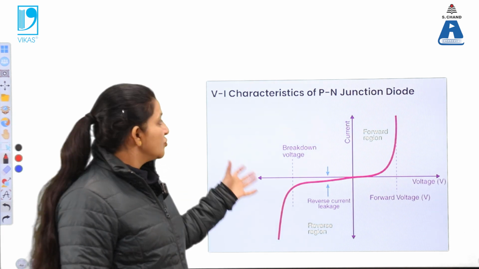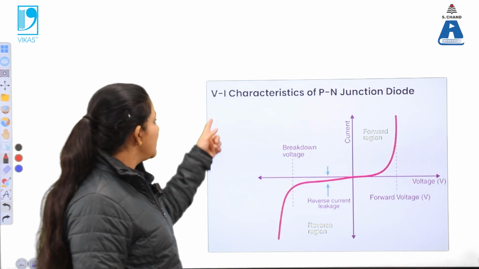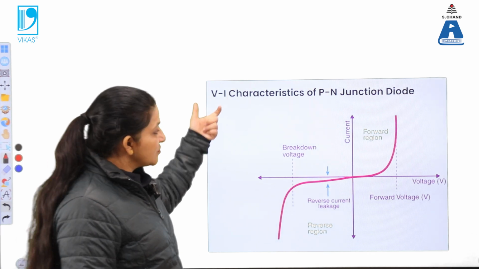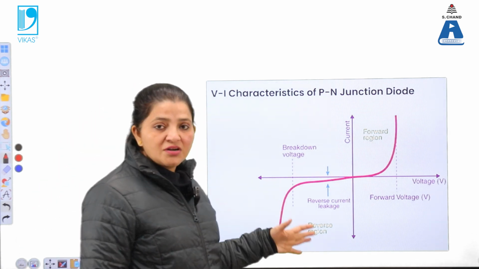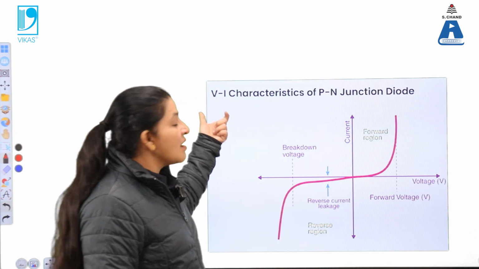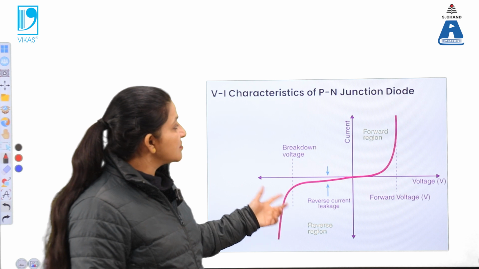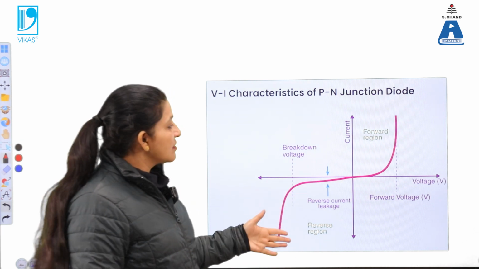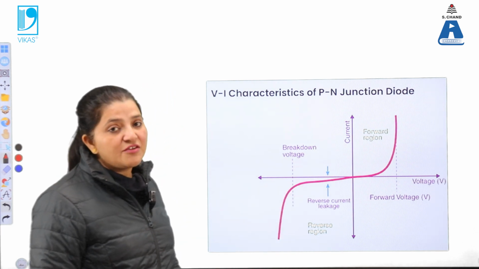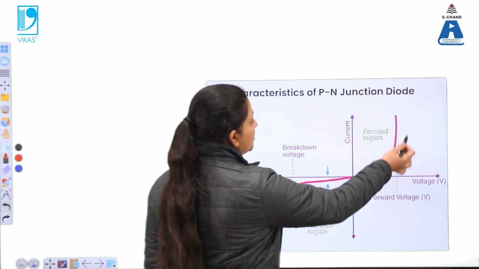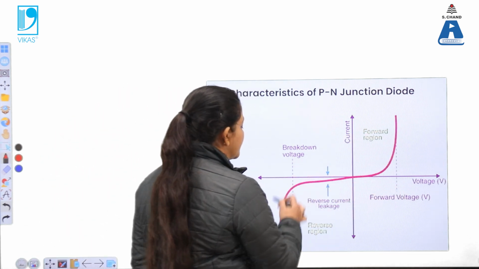V means voltage, I means current. We will increase the voltage and measure the current. Such variations between the current and voltage are known as the IV characteristics of the PN junction diode. This is the forward region, and that is the reverse region.